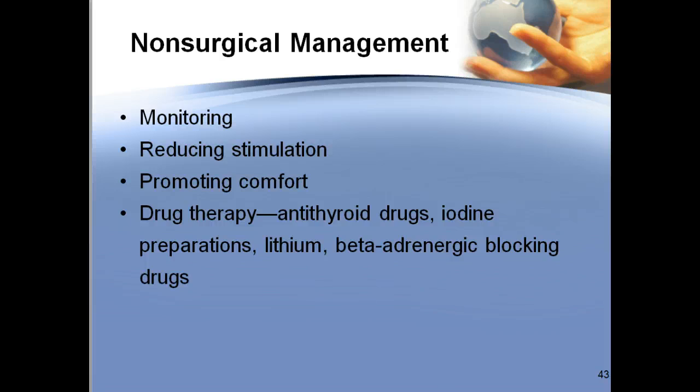You want to give them drug therapy, like Tapazole and PTU, which are anti-thyroid drugs. Any iodine preparations, lithium, and maybe some type of beta adrenergic blocking drugs. So those would be like Inderal or that type of med.